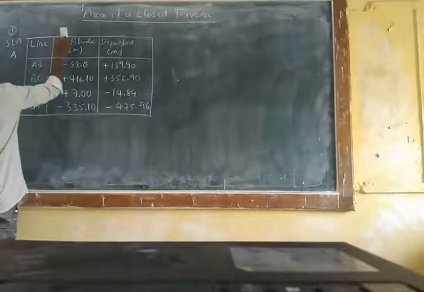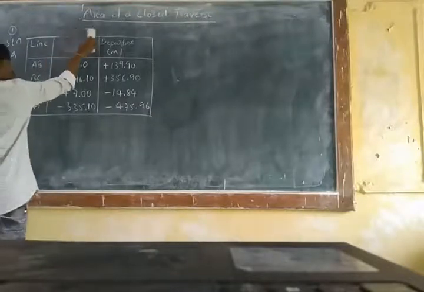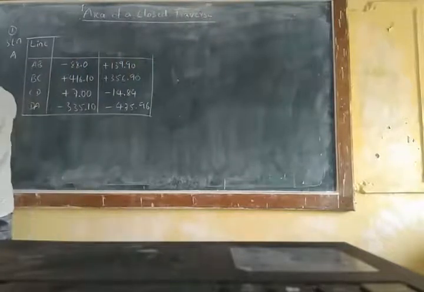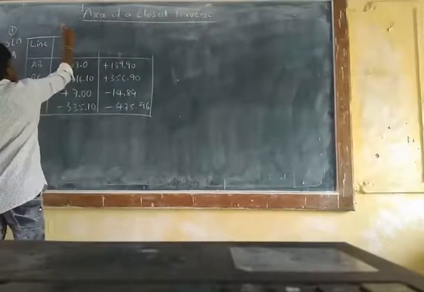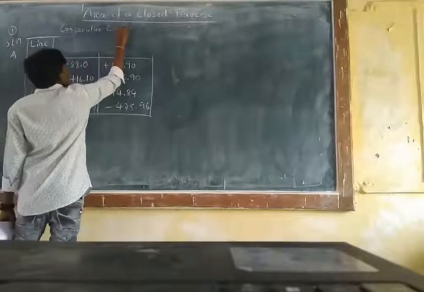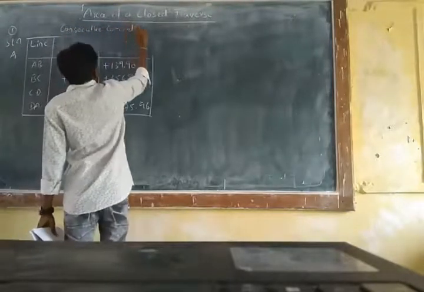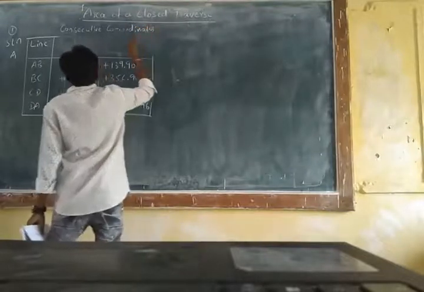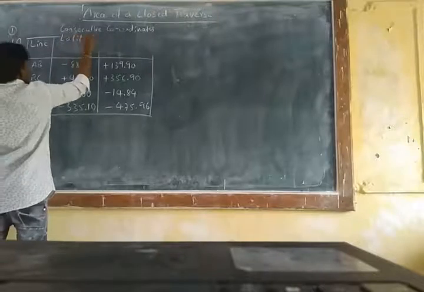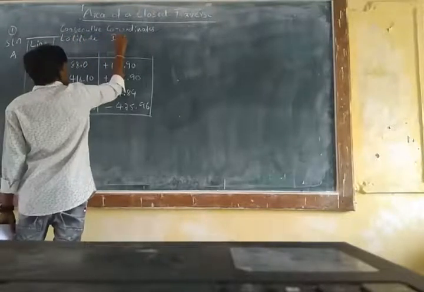So here the line, as it is, latitude and departure. These are the consecutive coordinates, and the first column is latitude and the second column is the departure.